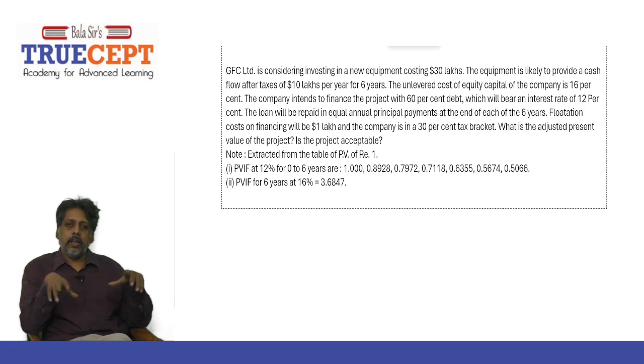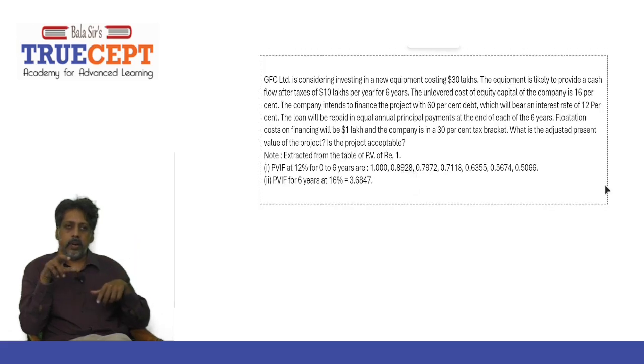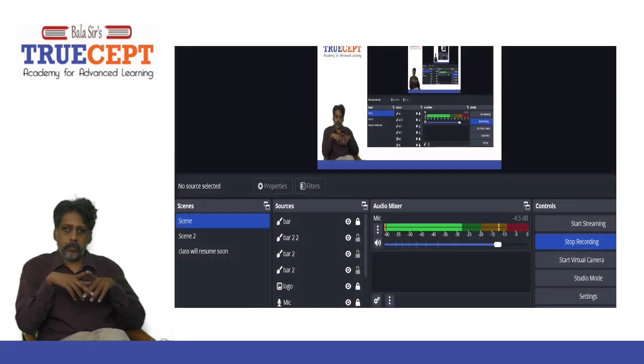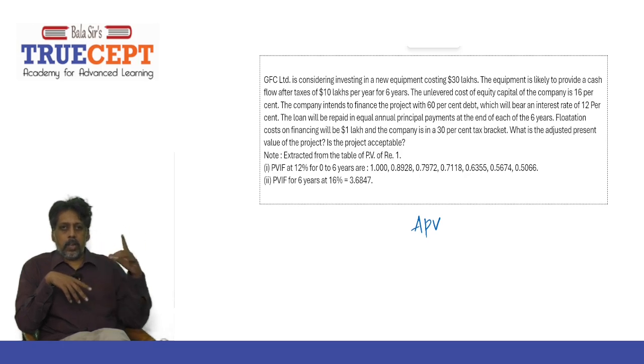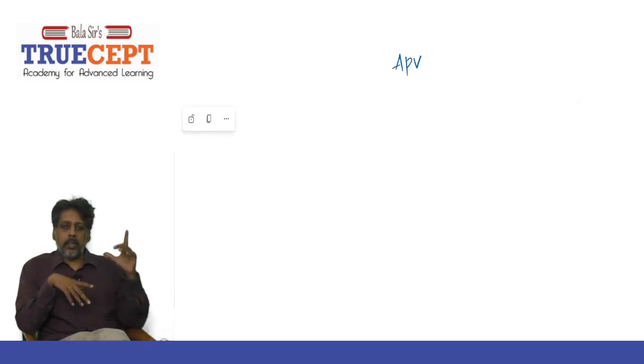Guys, you just have to make a flow chart. Please go ahead and write this flow chart in your notebook. Right in the center, write APV, that is adjusted present value.